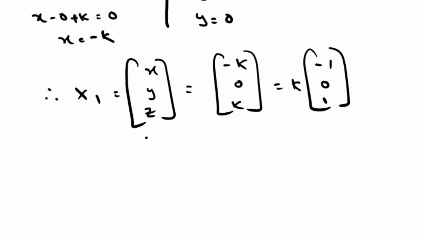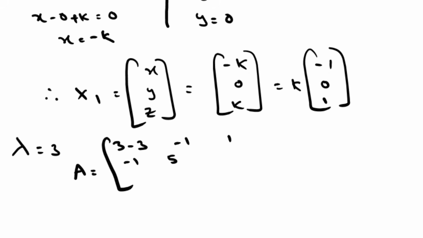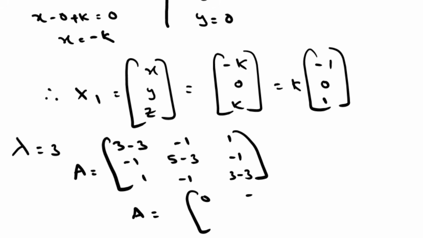For the second lambda equals 3, the characteristic matrix A is equal to 3 minus 3, minus 1, 1; minus 1, 5 minus 3, minus 1; 1, minus 1, 3 minus 3. Therefore A is equal to 0 minus 1 1, minus 1 2 minus 1, 1 minus 1 0.